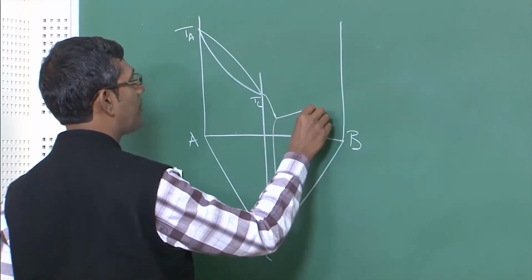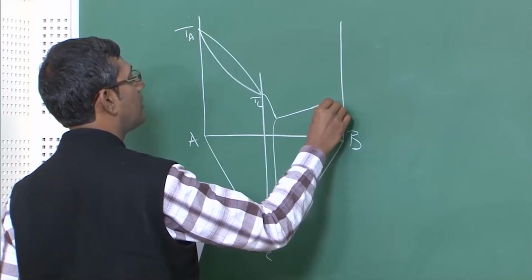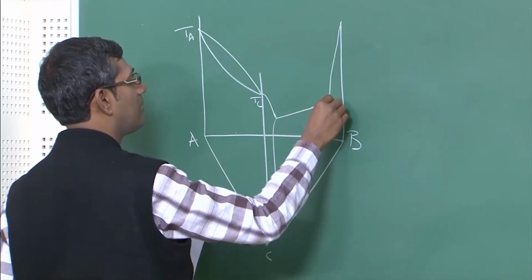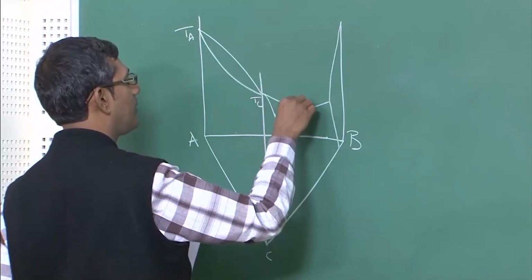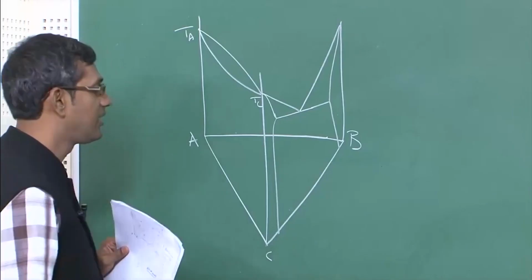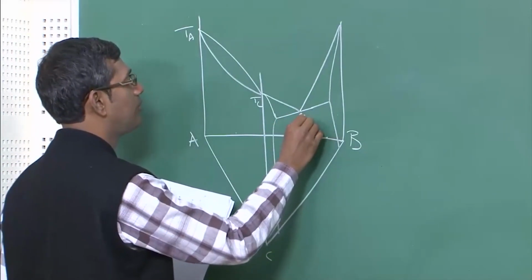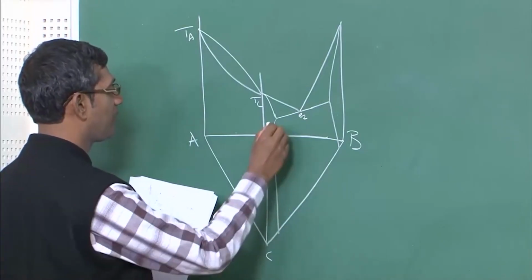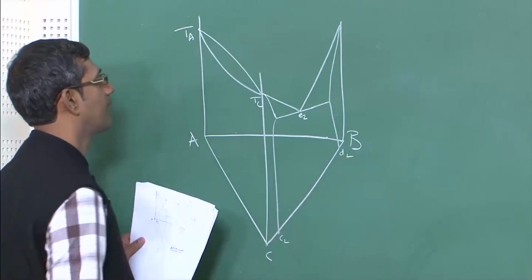This is the primary phase field of the C-rich phase, and this is the primary phase field of the B-rich phase, and the eutectic is like this. I hope you can see clearly. We term this eutectic E2, and these two points I termed C2 and D2.